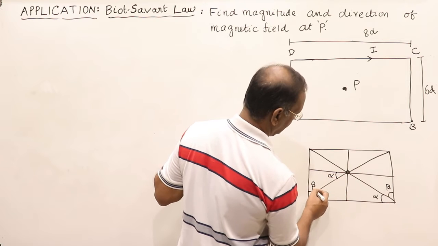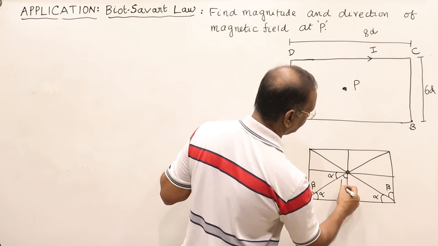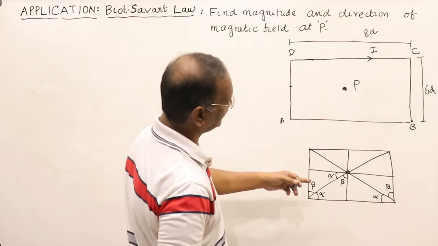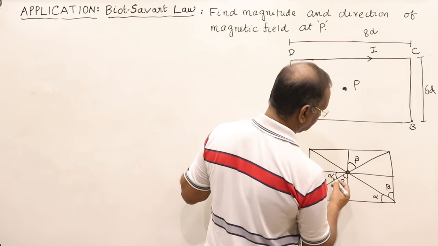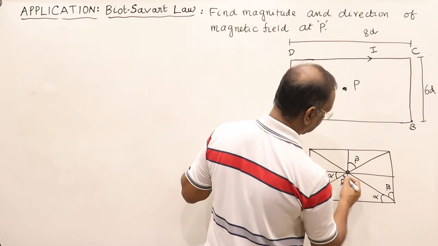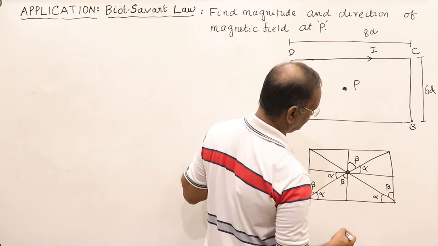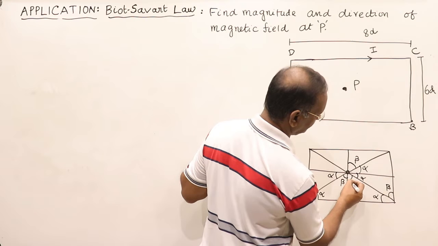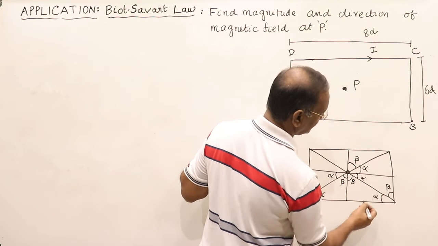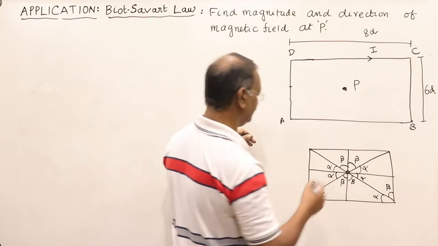So this is alpha, and this angle and this angle will be the same, beta, alpha and beta, and this angle and this angle will be the same, beta, and this will be alpha. And what about this place? This is alpha, this will be beta, and this will be alpha.